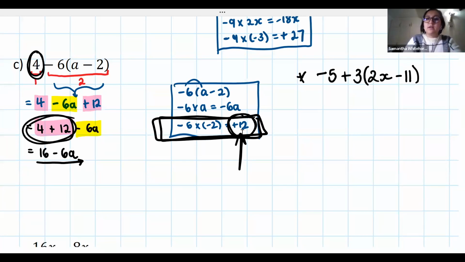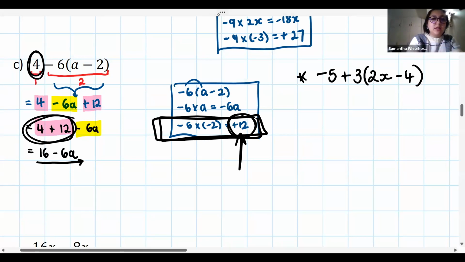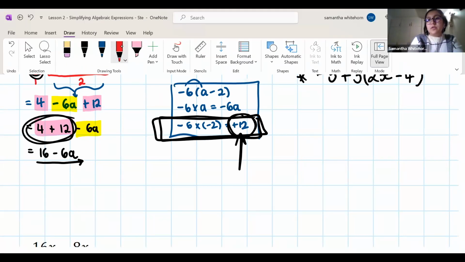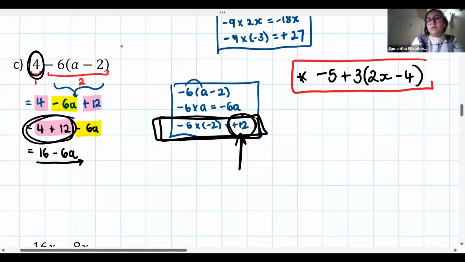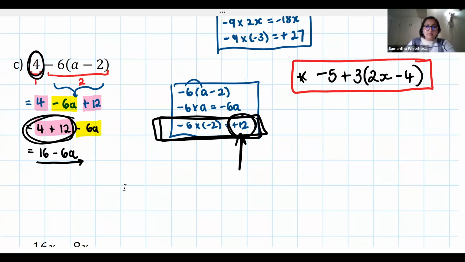Sorry, let me change that. Okay, so try that one with the star by yourselves. I'll put a little block around it. So this one in the red rectangle, that is what I want you to try by yourselves. And put your answers in the chat when you're ready.